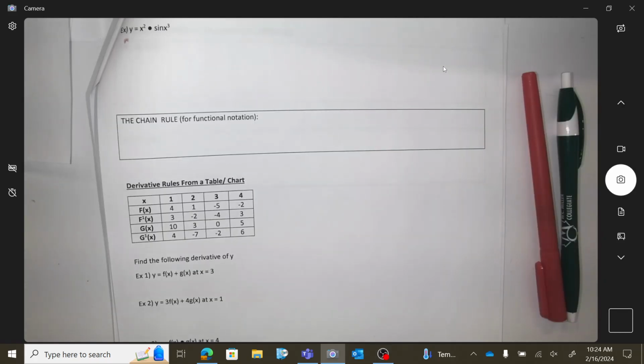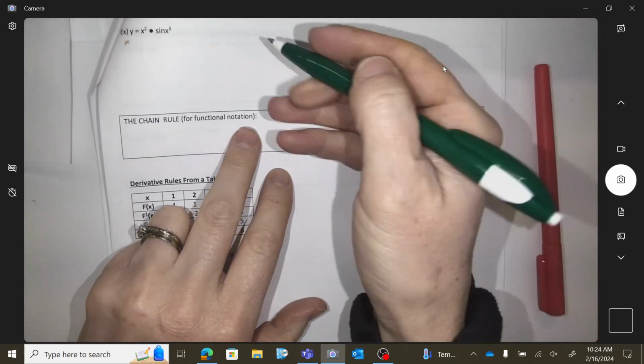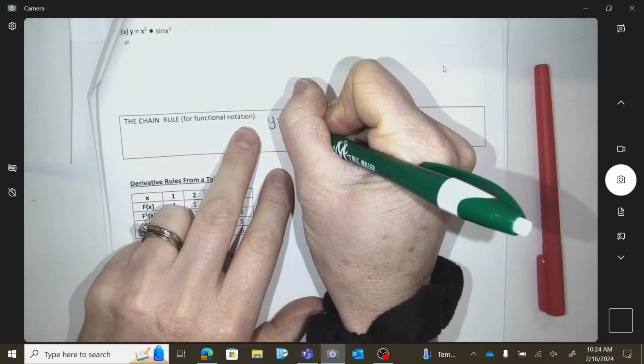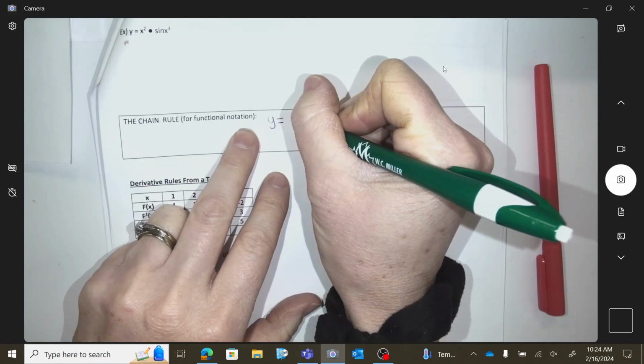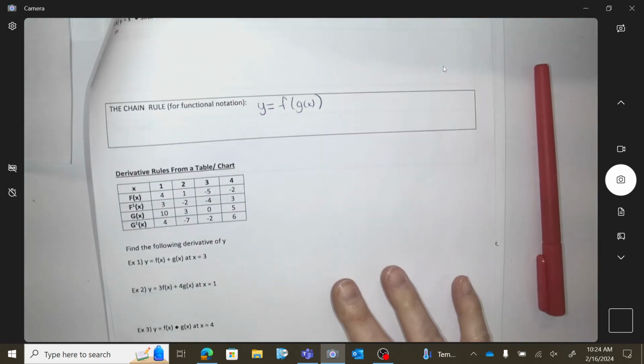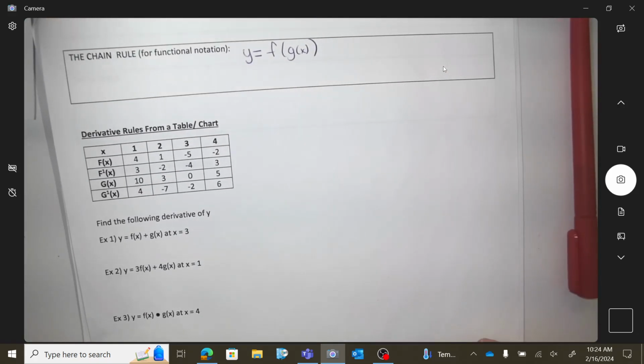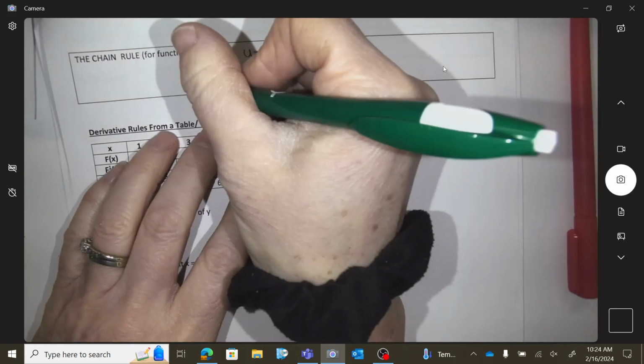So to do the chart stuff, we're going to do one more different rule today, and that's this one. If y is equal to f of g of x, so functional notation, then here's your rule.